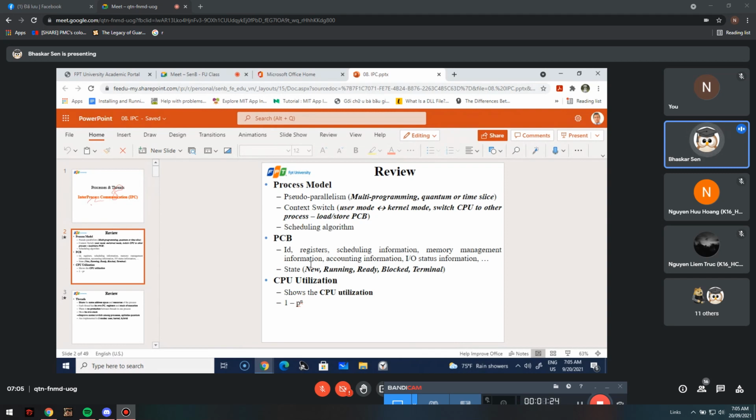Process, we learned process model and multi-programming that involves quantum of time, context switching, and PCB. Now, the scheduling algorithm we didn't study. We will study it in the next part after IPC. Then we have PCBs, then we have CPU utilization.